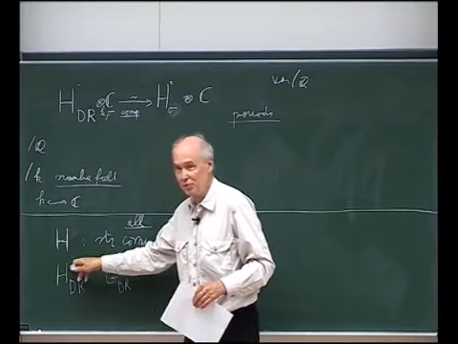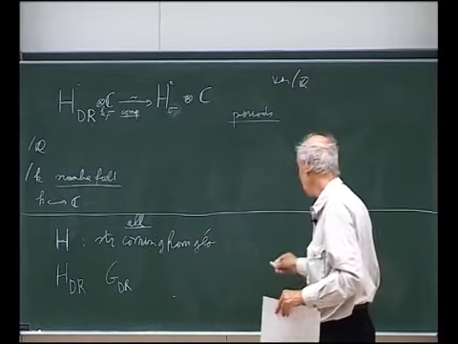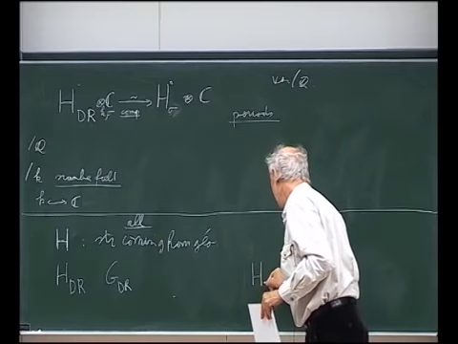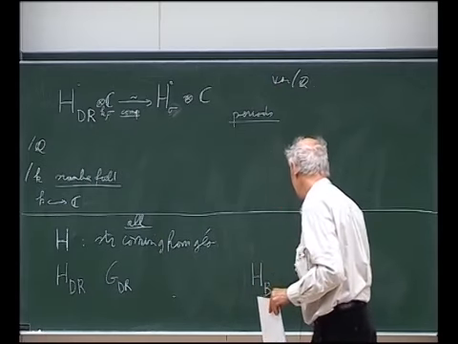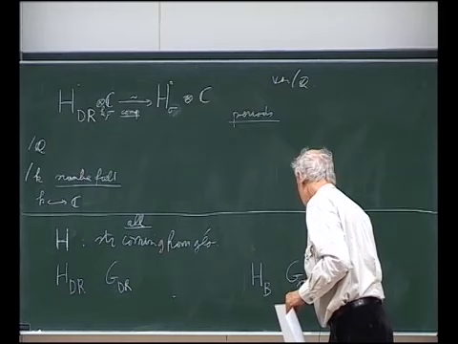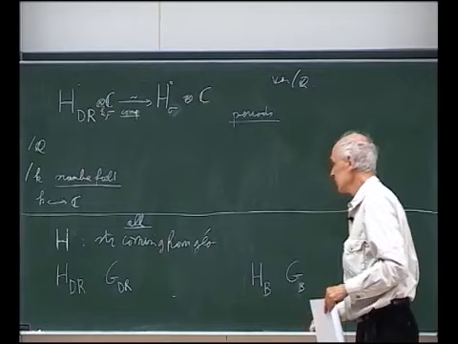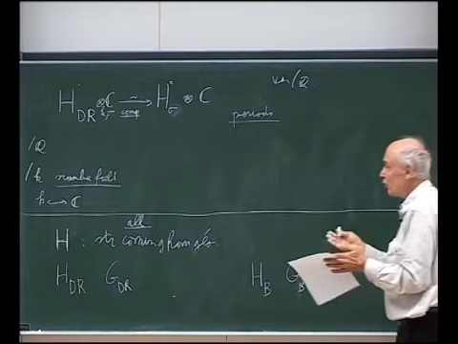Now, if I look at, say, first H de Rham, I can look at the group G de Rham of automorphisms of this vector space given with all those structures. And I can do the same for the Betti or sigma realization.